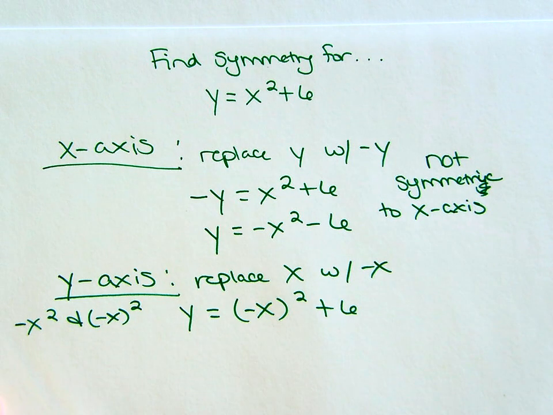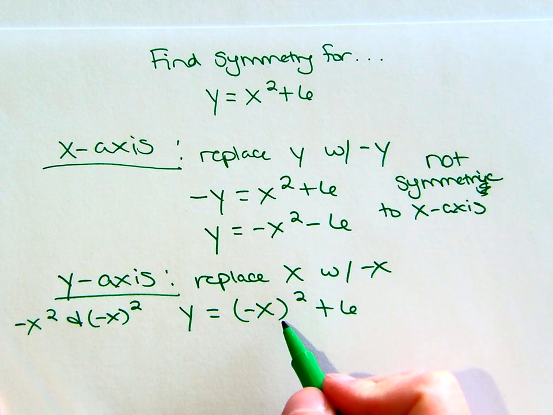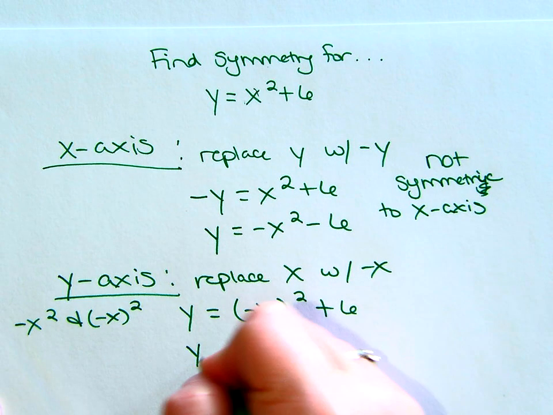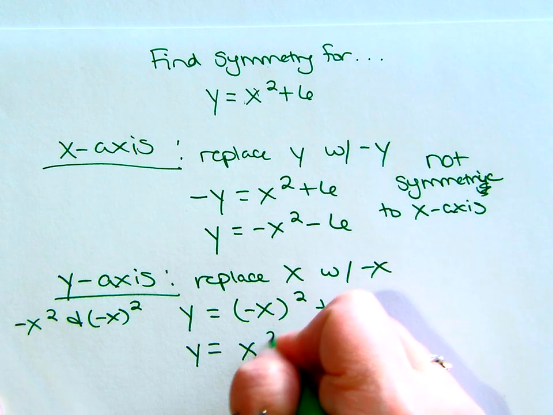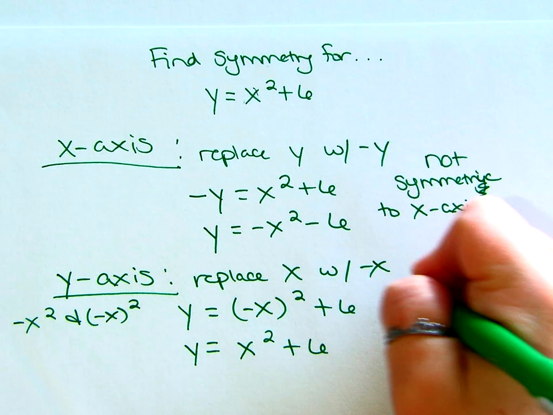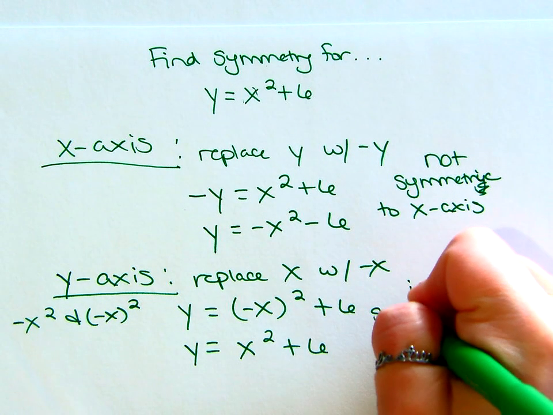Remember? So we put it in parentheses because anything that's x is going to get squared. And when we square that, we get x squared plus 6. Is that the same as the starting equation? Yes. So we are symmetric to the y-axis.